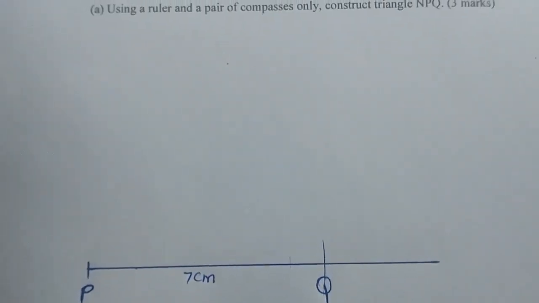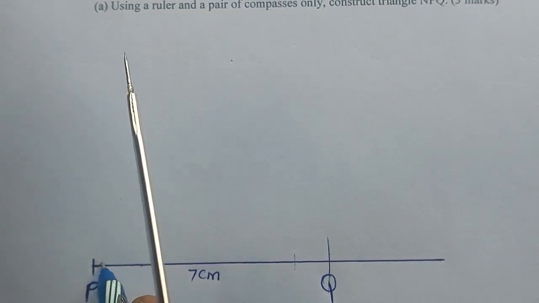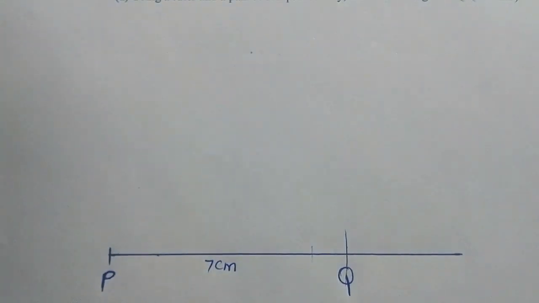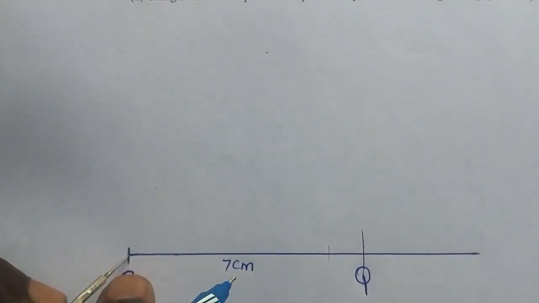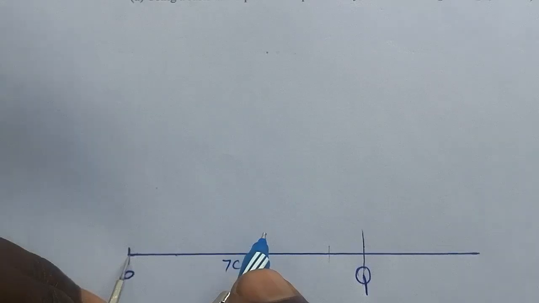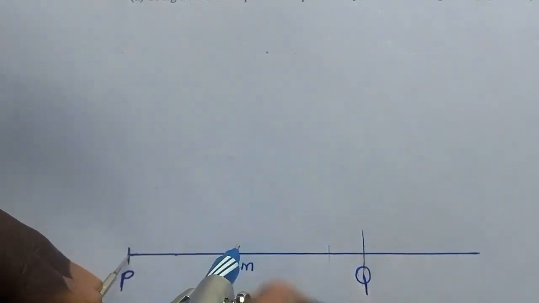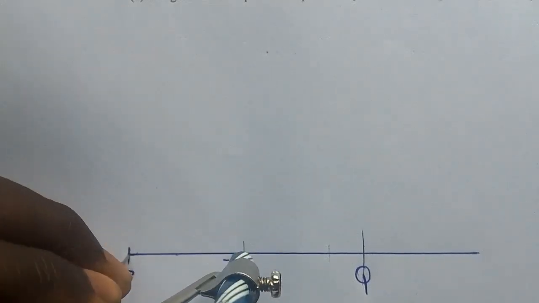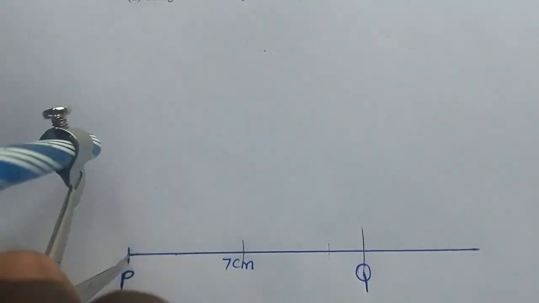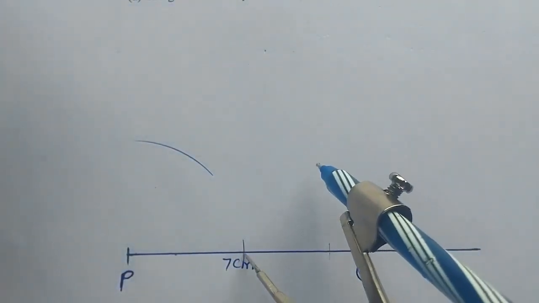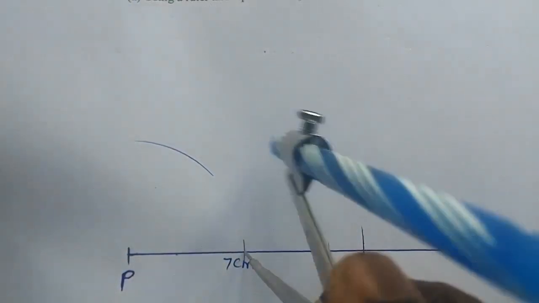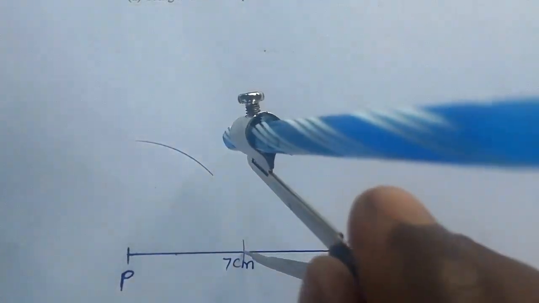So let's draw now angle 60 degrees here without using a protractor. Using a pair of compasses only, stand here because angle P is here. Open, mark here, the same length, mark here, remove it, stand here, connect this.